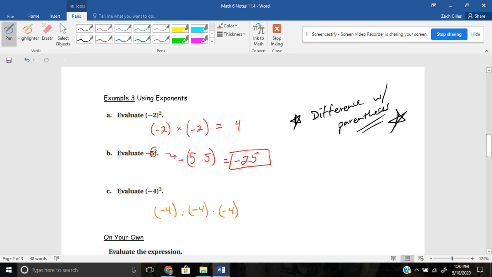So this -4 times -4, same sign, would give me a positive 16. And then I have positive 16 times -4. So now I have different signs, so my answer would be negative, and 16 times 4 would give me 64. So -64 for my answer.